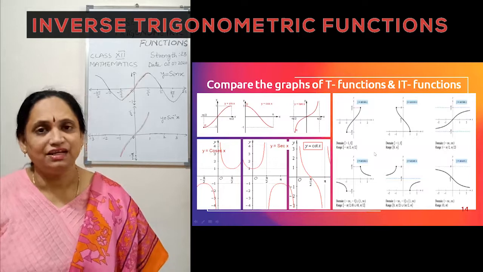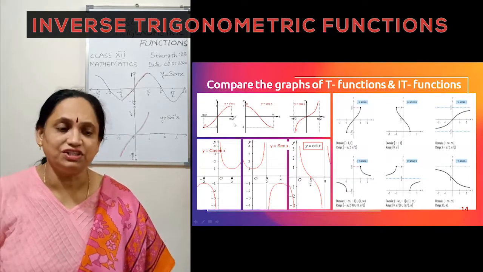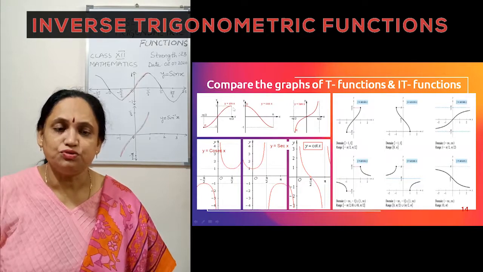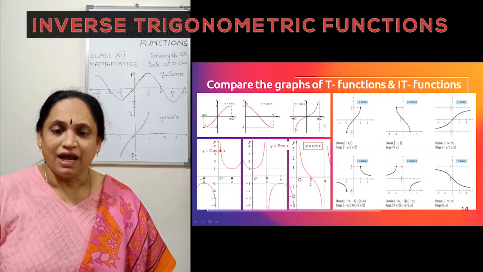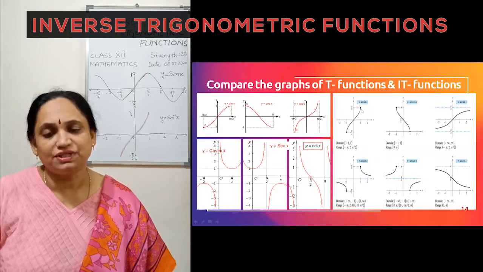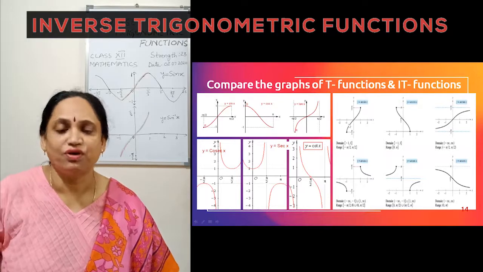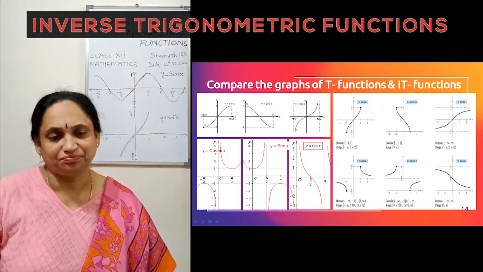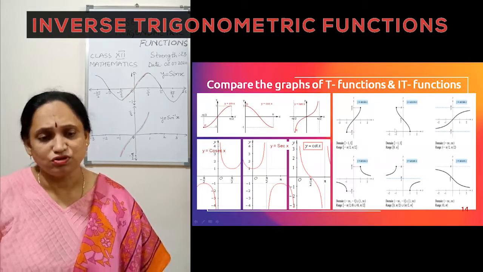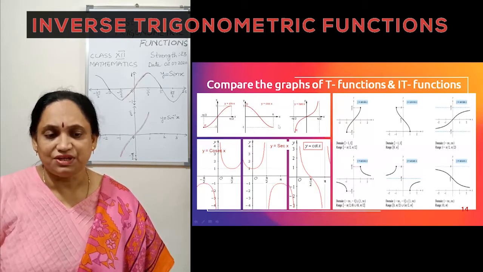Let us compare the graphs of trigonometric functions and their inverse. The next slide gives you a very clear picture of how the sine function is restricted to one branch, and hence we get a sine inverse function restricted to the same branch, and it is satisfying the horizontal line test. Similarly, for the cos also we can see the cos function lies between 0 to pi.